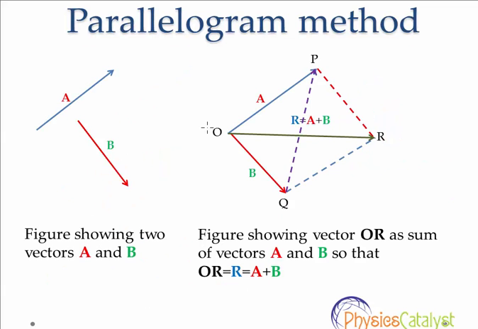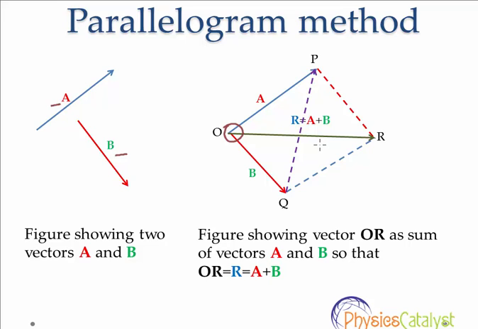Next thing I want to talk about in this video is the parallelogram method of vector addition. Again, to understand this method of vector addition, let us consider two vectors A and B. Now to add vectors using this method, place the tail of vector B so that it meets the tail of vector A as shown in this figure. In the next step, take these two vectors to be the first two adjacent sides of a parallelogram. And now draw the remaining two sides.